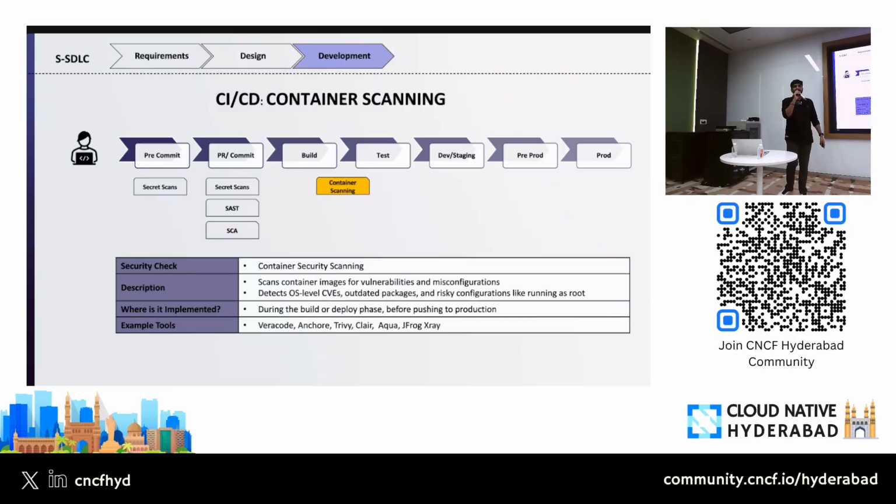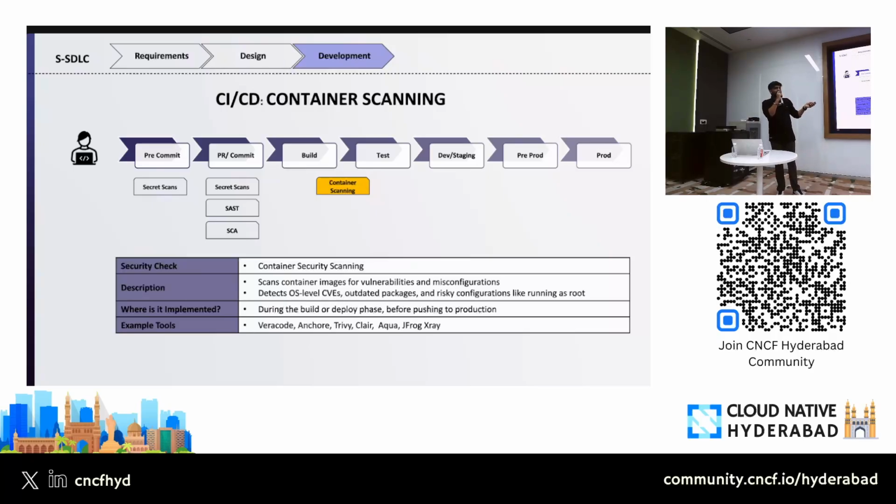And the container scans, I'm sure most of you have heard of containers. Containers have changed how we deploy. What containers do, basically, is take your code and package it with all the required libraries and the OS libraries, whatever dependencies it needs, right? So why do we need container scans?